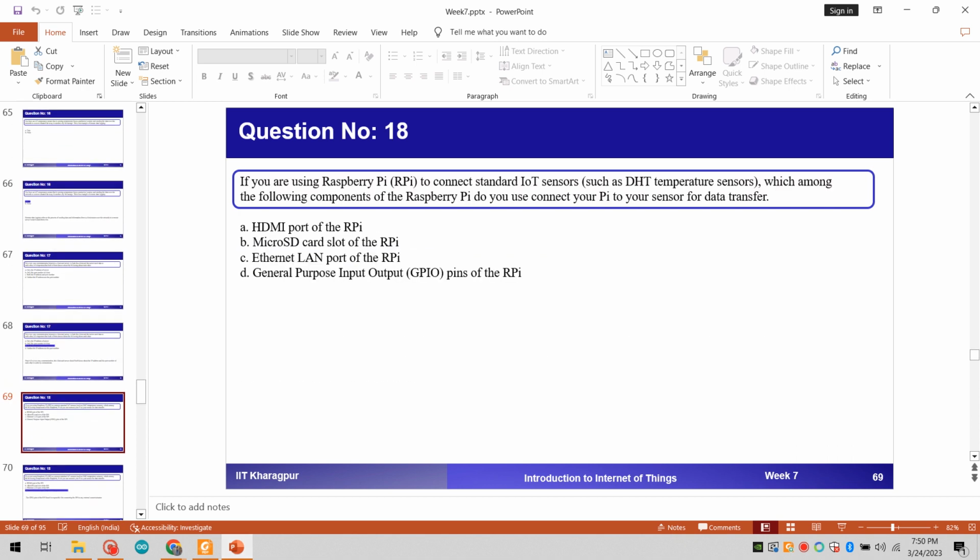Next question is, if you are using Raspberry Pi to connect standard IoT sensors, which among the following components of Raspberry Pi do you use to connect your Raspberry Pi to your sensor for data transfer? Options are HDMI port of your Raspberry Pi, micro SD card slot for RPi, Ethernet LAN port of RPi, then general purpose input output pins of your RPi.